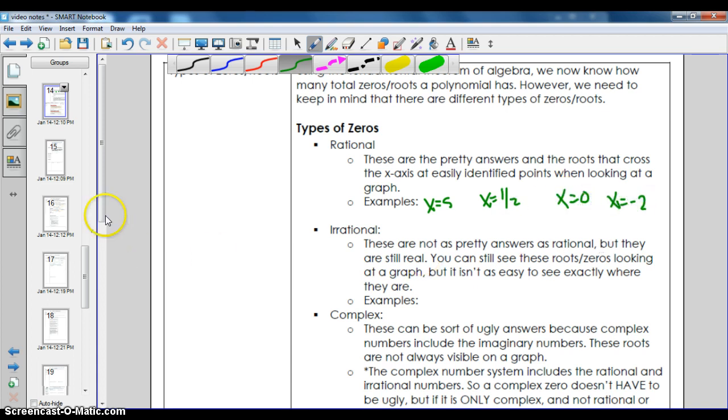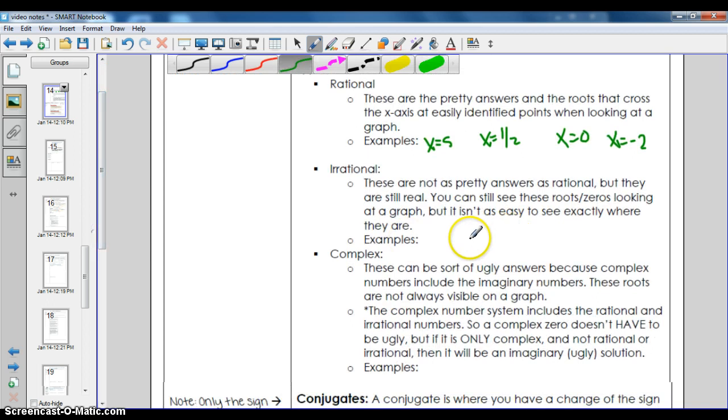Those are rational. Irrational are not as pretty, and they are not as easily identified. So maybe x equals plus or minus square root 5, x equals 4 plus or minus square root 3, or x equals 1 plus or minus 3 square root 6.